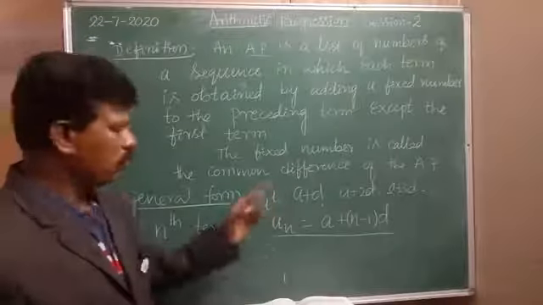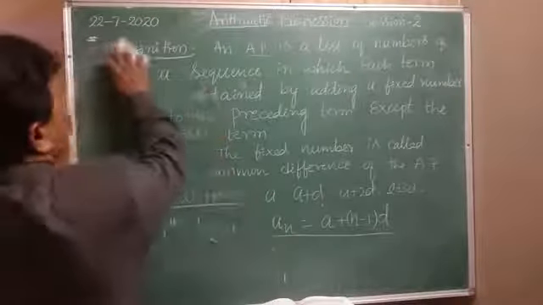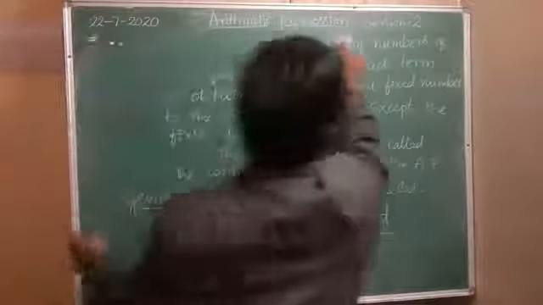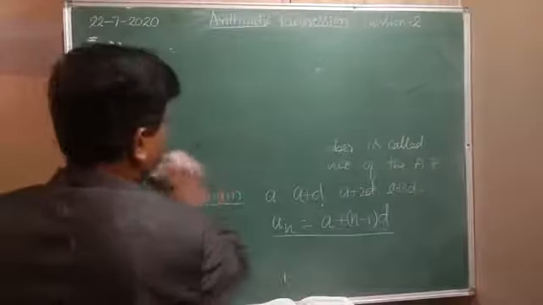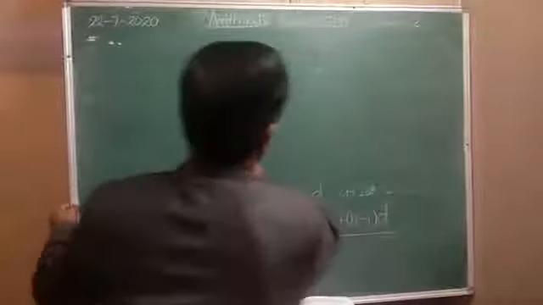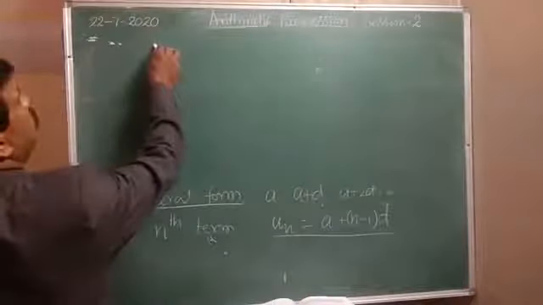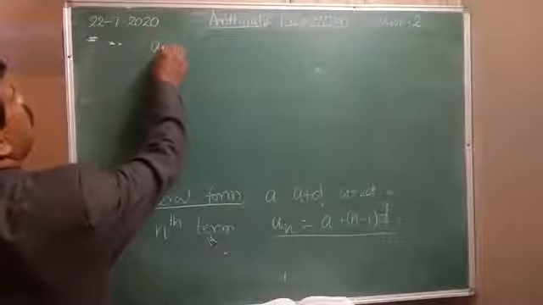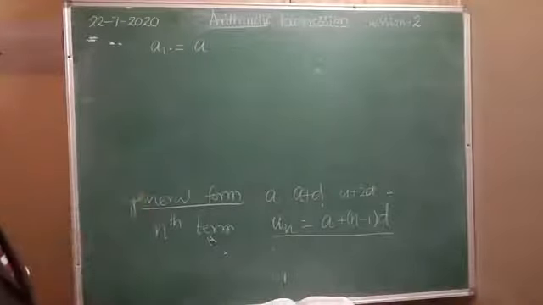Clear? Now, how do we get this? I explained in the last class also. I am repeating the same thing in this class to understand better. Now, you know that the first term a1 is equal to a.